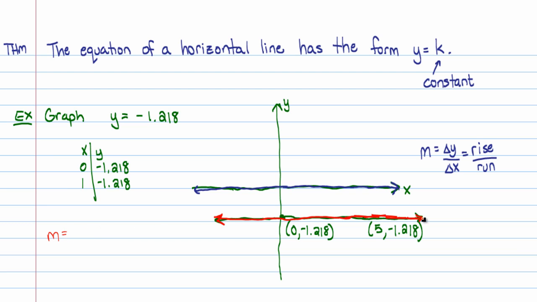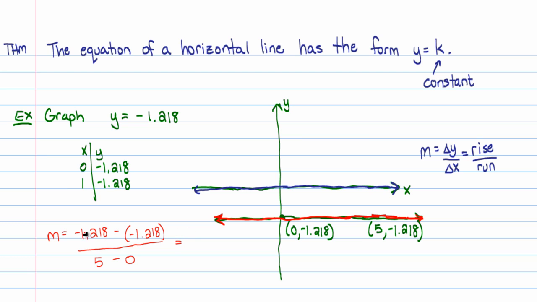So I'll take the difference in the y values. I'll take this as my first one I'm going to write down, so negative 1.218 minus the second y value here, so another negative 1.218. Be careful because you're subtracting the negative. And then divide that by the difference in the x values, 5 minus 0.